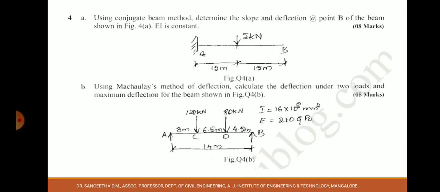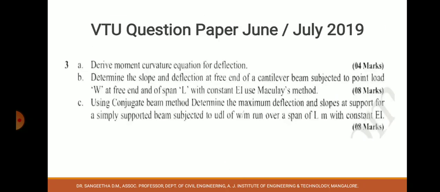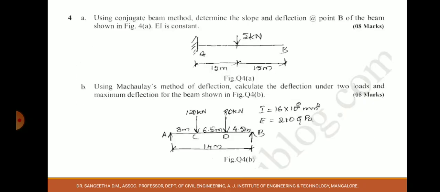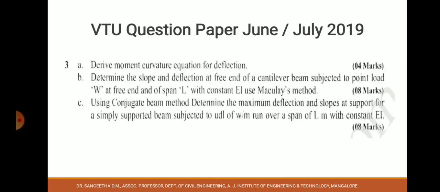And here you have the conjugate beam method, determine the slope and deflection at point P. For the cantilever beam subjected to point load, the problem which we solved just now, you are going to solve in exactly the same way the problem that is given in the examination.